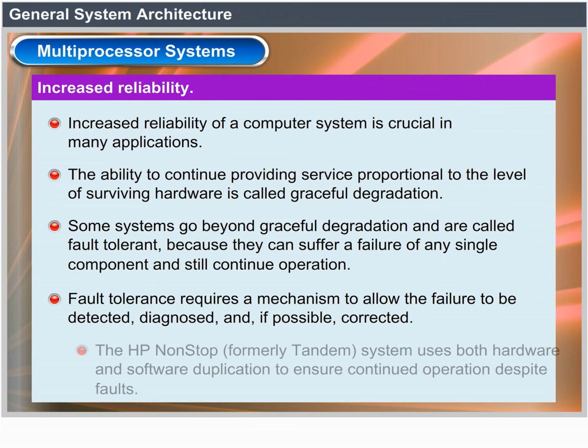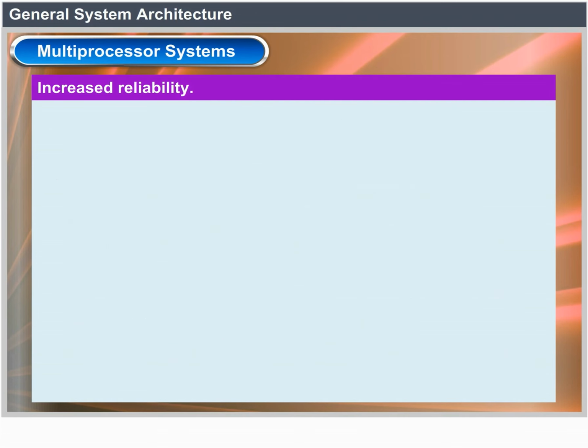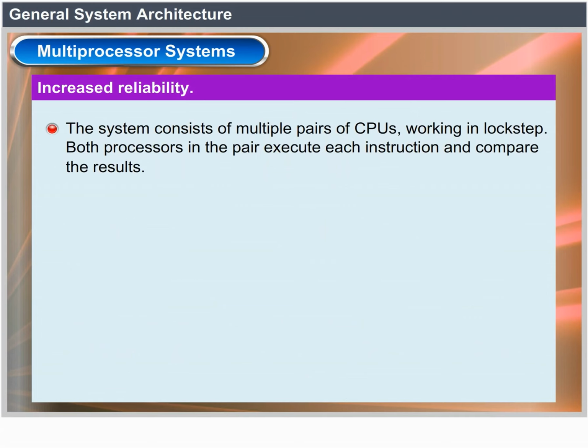corrected. The HP NonStop, formerly Tandem system, uses both hardware and software duplication to ensure continued operation despite faults. The system consists of multiple pairs of CPUs working in lockstep. Both processes in the pair execute each instruction and compare the results.